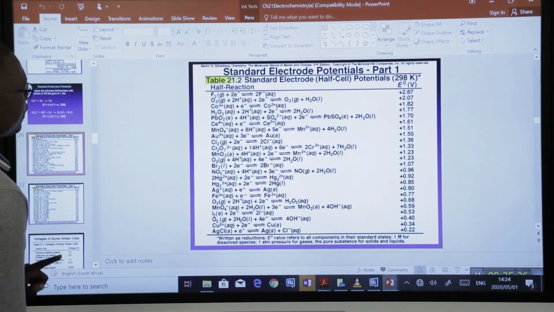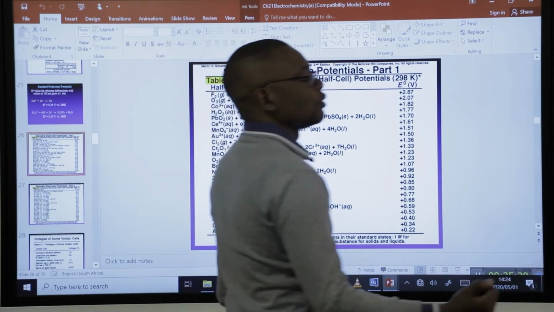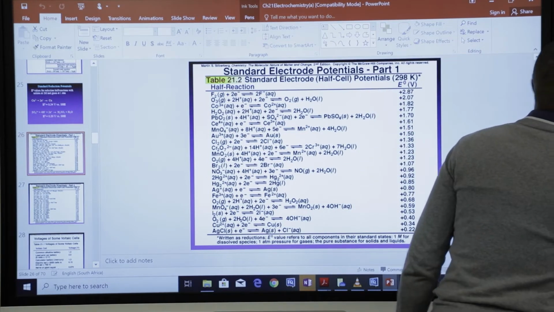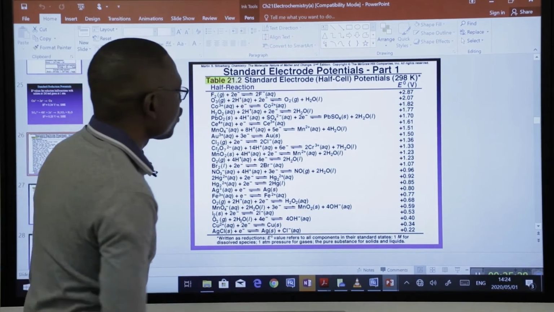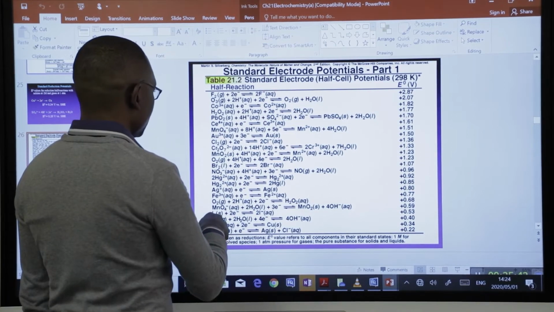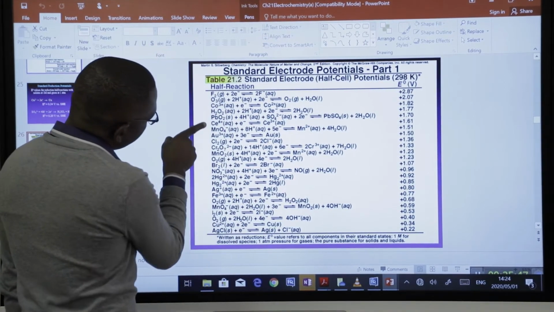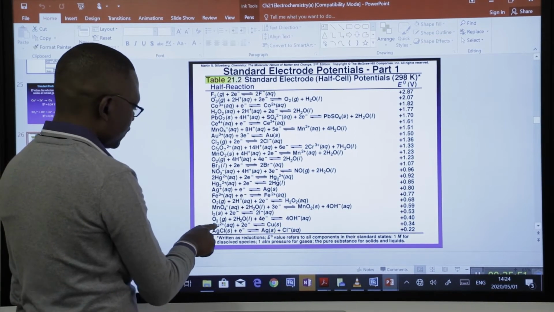Right, there we are. We want to see the potential for this half reaction and the potential for that half reaction. I'm going to put down the values over there. So let's look for copper when it forms copper 2 plus. Do we have copper here or silver? Yes, here we are.